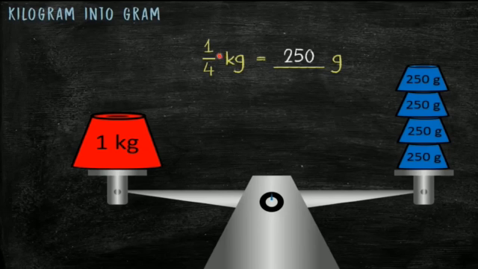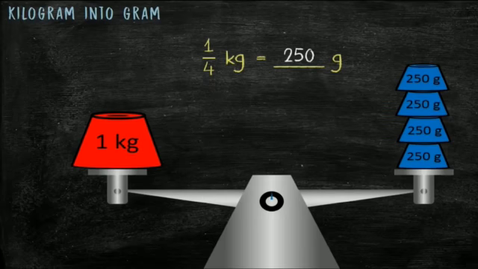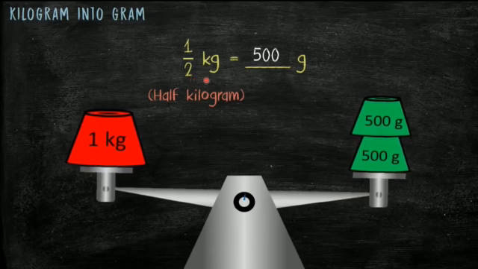Now, here it is quarter kilogram, which can also be written as 1 upon 4. Whenever it is written 1 upon 4, that means it is a quarter. Quarter kilogram is equal to 250 grams. Half kilogram, half can also be written as 1 upon 2.